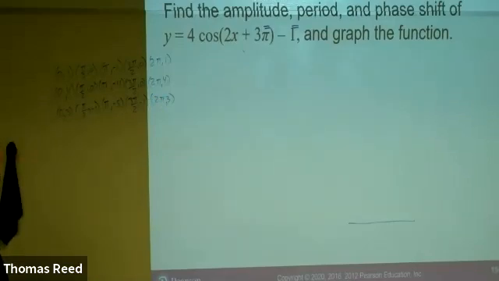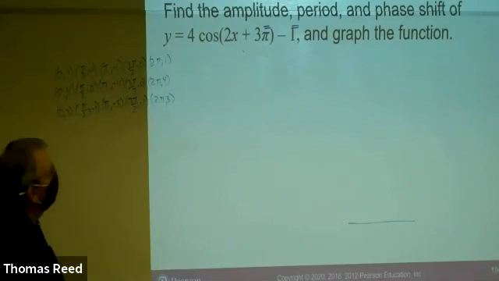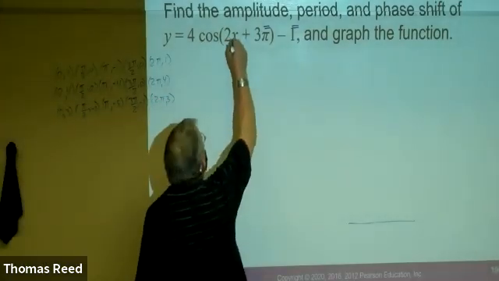So that's just the cosine function being vertically stretched 4 units and then brought down 1 unit. The next thing they would do is the phase shift.